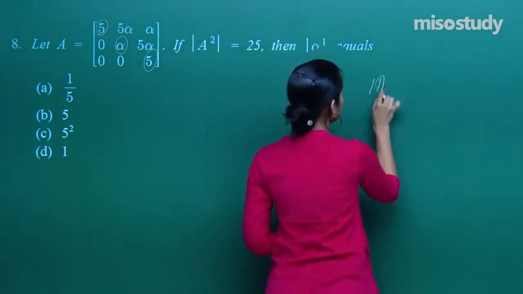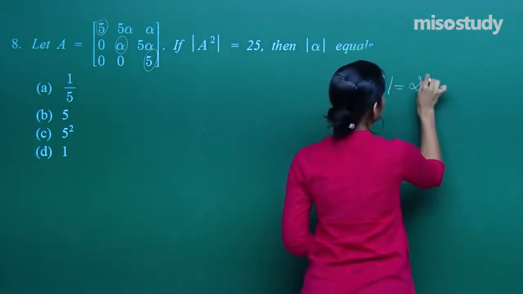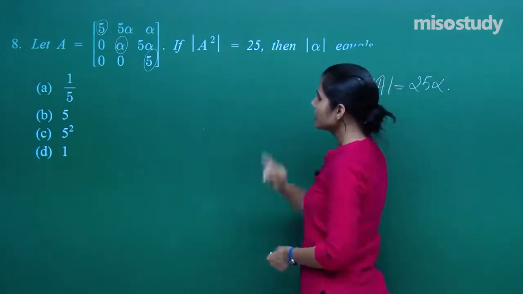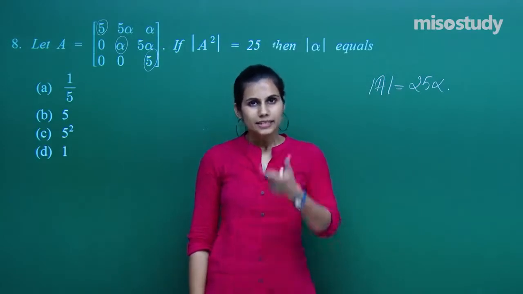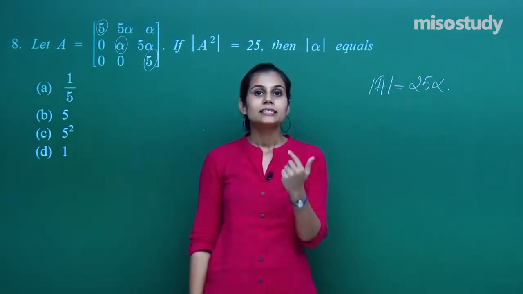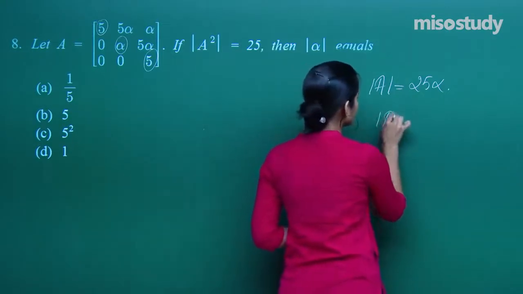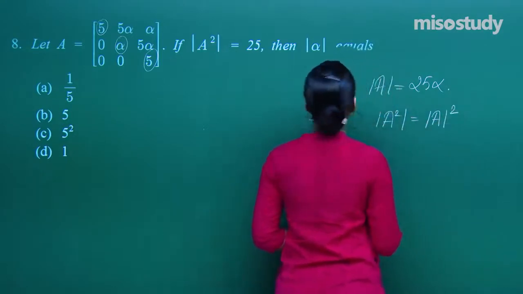Determinant of A is 5 into 5 into alpha, which is 25 alpha. It is given that the determinant of A square is 25.